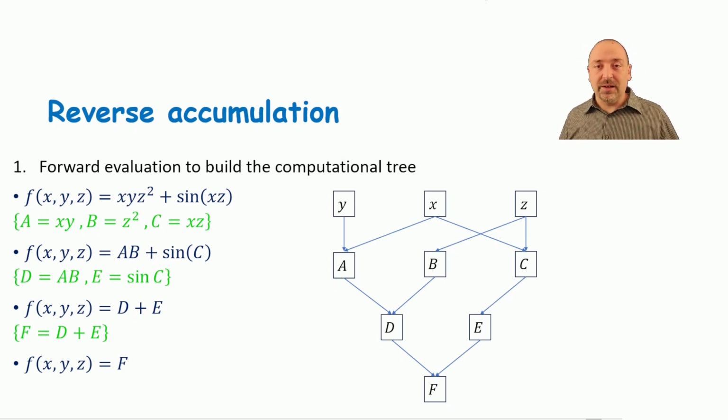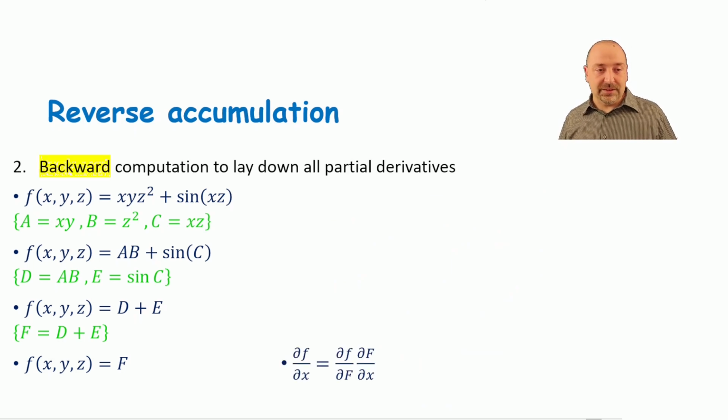I'm not going to speak about that, just mentioning it. Now that we finished the forward evaluation, we go back. In the backward computation, we start computing the partial derivatives at each auxiliary variable level by nested differentiation. So, the partial derivative of the function f in x is the partial derivative of f over the auxiliary variable F times the partial derivative of F in x.